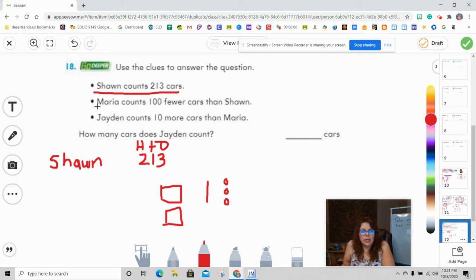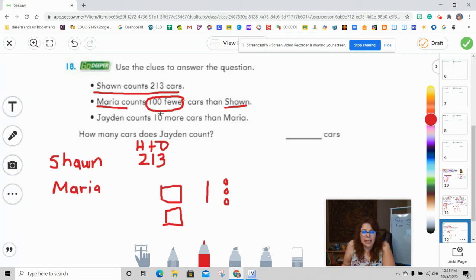Now it says Maria counts 100 fewer than Sean, which is this one. So we're going to say Maria. We're going to investigate what Maria counted. Because she counted 100 fewer cars than Sean, and this is what Sean counted, 100 fewer means 100 less.